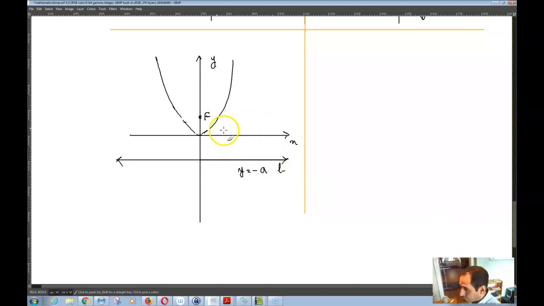And the coordinates of F would be 0 comma a.